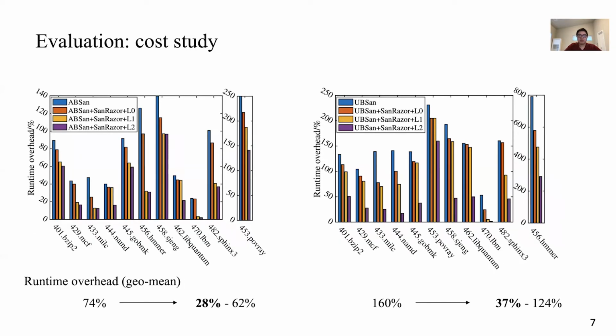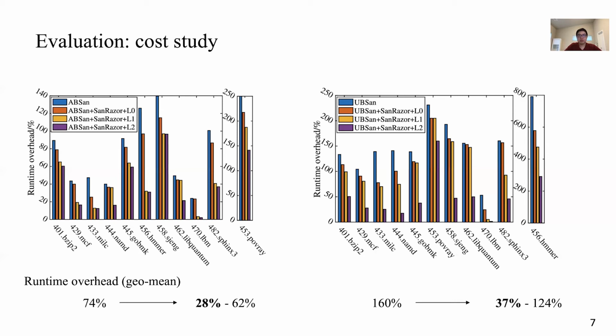To demonstrate the effectiveness of SanRazor, we first give the cost evaluation of SanRazor. We use SPEC CPU 2006 benchmarks to perform cost study of SanRazor. As shown in these figures, SanRazor can reduce the geomean runtime overhead of AddressSanitizer from 74% to the range between 28% and 62%.